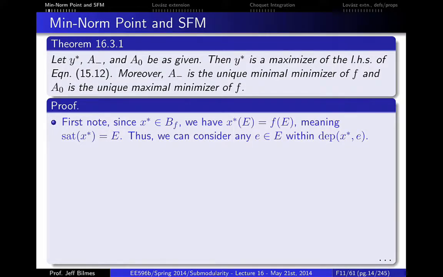It's the inequality that basically says the maximum of y of E subject to y less than or equal to 0 and y in the polytope. So that's the max side. And then the min side is the minimum of the submodular function. So equation 15.12 is the corresponding equation in last lecture, but it was repeated again in the review section here in this lecture. And so anyway, it's basically saying that y star is the maximizer of that.